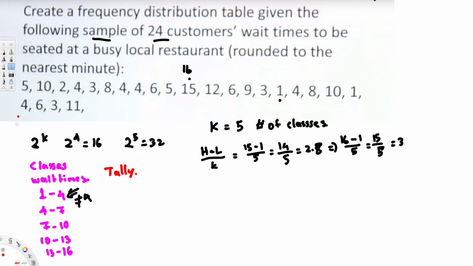The tally column is basically where we count how many times these numbers appear, and we put tally marks like this. Now let's see. The first one we have is 5, right? So 5 comes under 4 to 7, so here we are going to put this one.